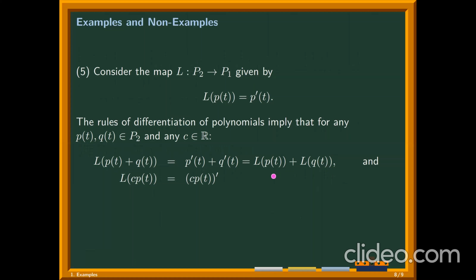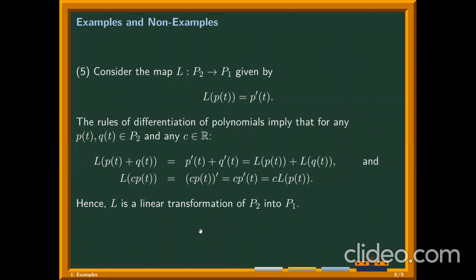So we can write the image of C P of T under L as C times P prime of T. But P prime of T is L of P of T. So we see that the two conditions in the definition of a linear transformation are satisfied by this differential operator, or this function given by differentiation. So it is a linear transformation of P2 into P1.